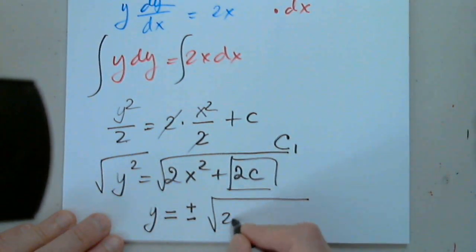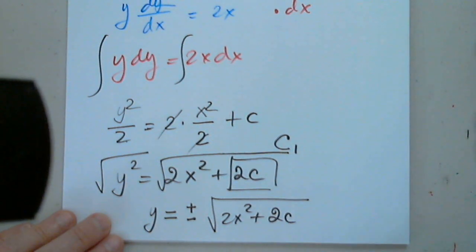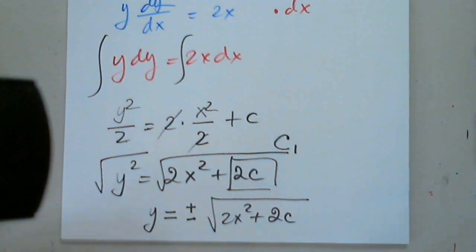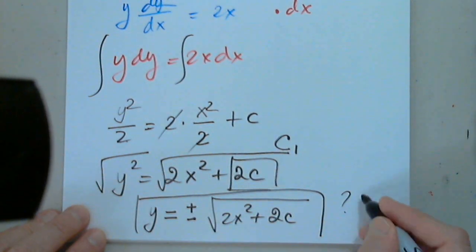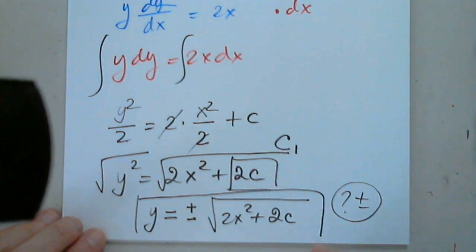So the square root of 2x squared plus 2c, or replace this by another c, or just c, doesn't matter. So this is it. You can say, but which one, plus or minus? I have to keep both. I don't have an initial value or initial condition. If I had, I would have known which one to pick, but I don't, so I have to keep both.